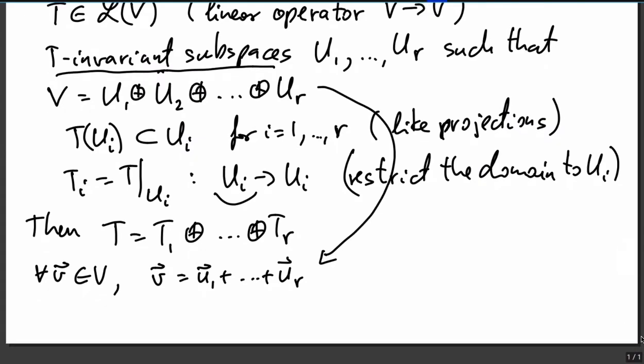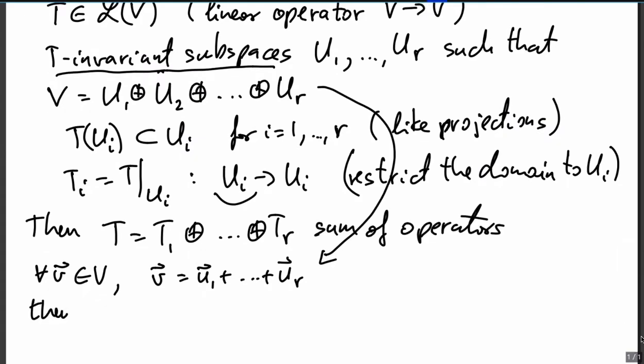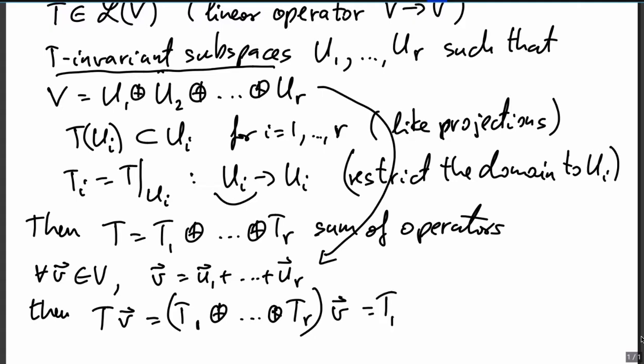So what we mean by this sum of operators is that when you want to apply T to v, it doesn't make sense to write this as T1 v because v is not in the domain of T1. So the way we define this sum when we apply it to v, since v has this sum form, T1 will be applied to u1 only because that's the only thing that's in the domain of T1. And similarly, Tr is applied to the ur part of v.